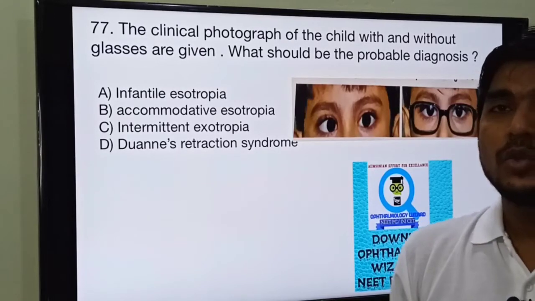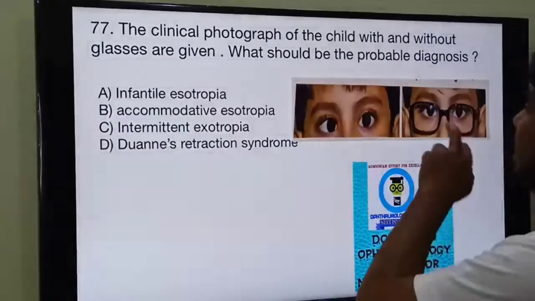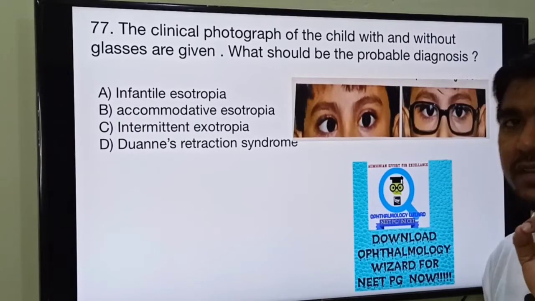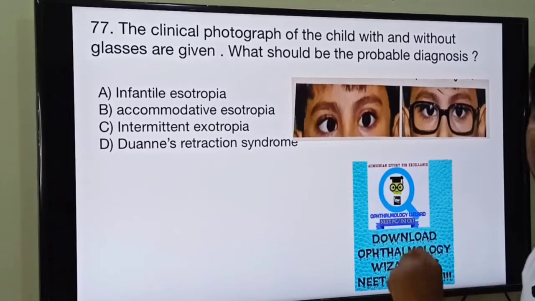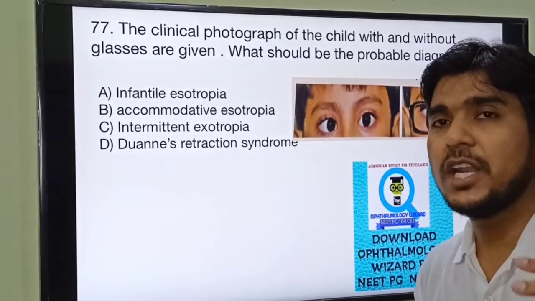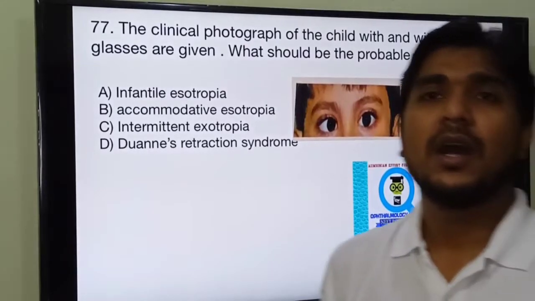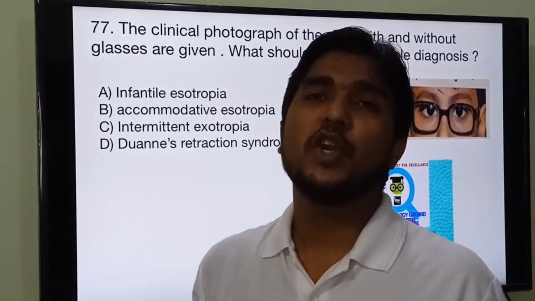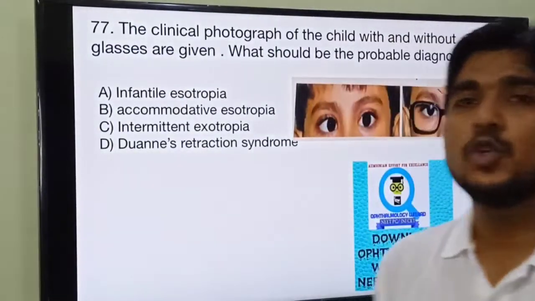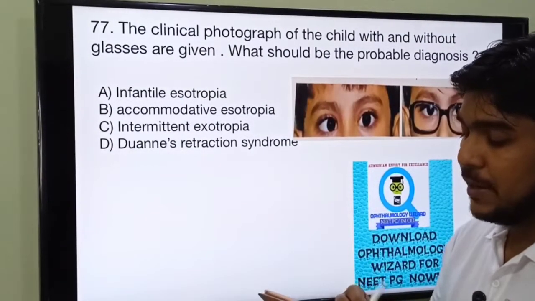On using the glasses it corrected. Means the patient is hyper converging with this right eye, hyper accommodating with this right eye, and the patient usually is suffering from what? Hypermetropia or myopia. The patient is usually suffering from hypermetropia.